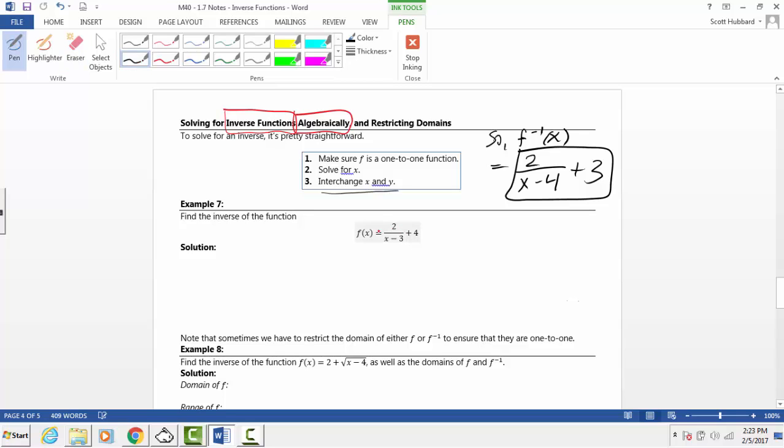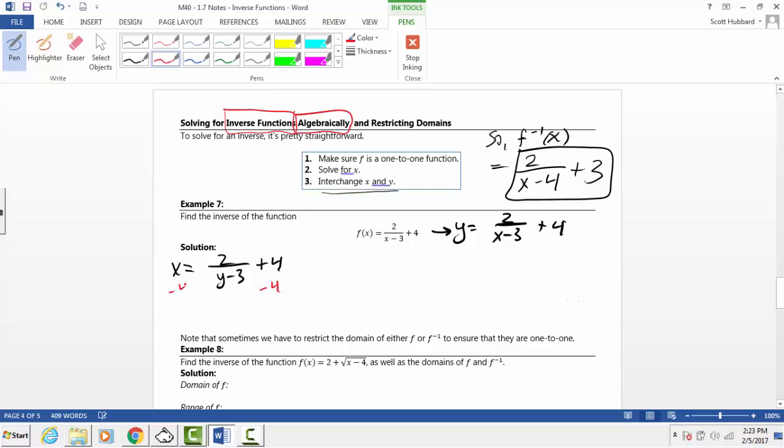I'm going to swap y and x first. So this tells me y is equal to 2 over x minus 3 plus 4. If I go ahead and then immediately swap them, I get x is equal to 2 over y minus 3 plus 4. Okay? Then all you do is you just start solving.